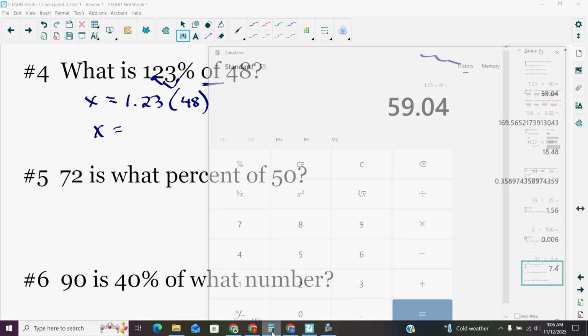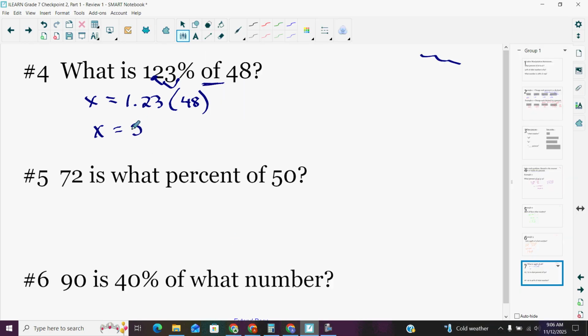What did I say? 59.04. Again, because it's exactly that, I like that answer, but it did tell us to round to the nearest tenth. 59 point, so this 4 makes us round down to a 0. Usually you would include the 0 here just to show we have rounded to the nearest tenth, 59.0.